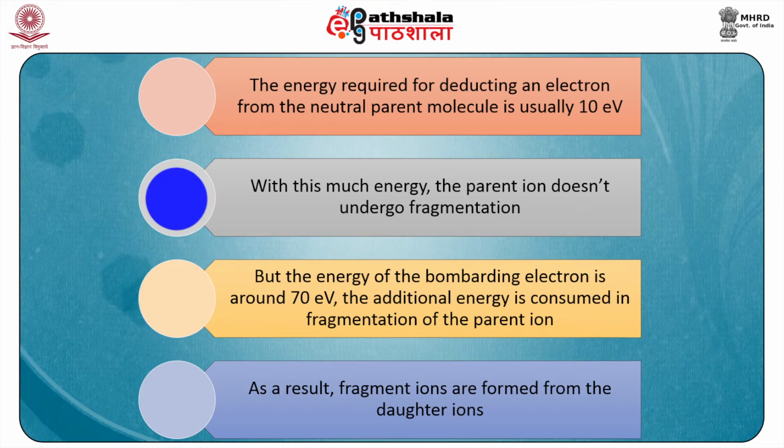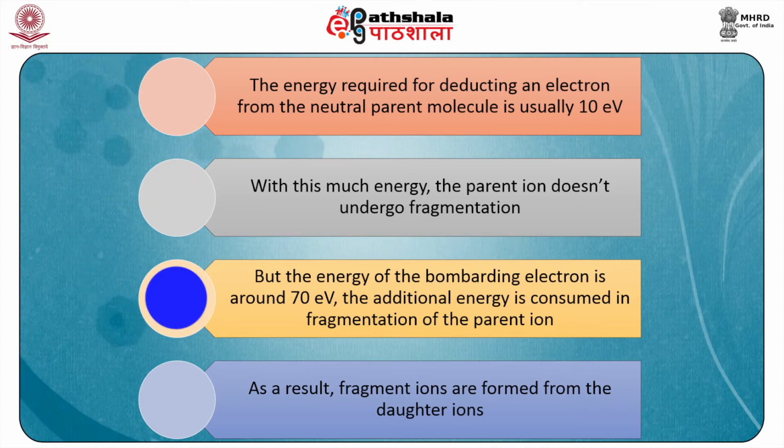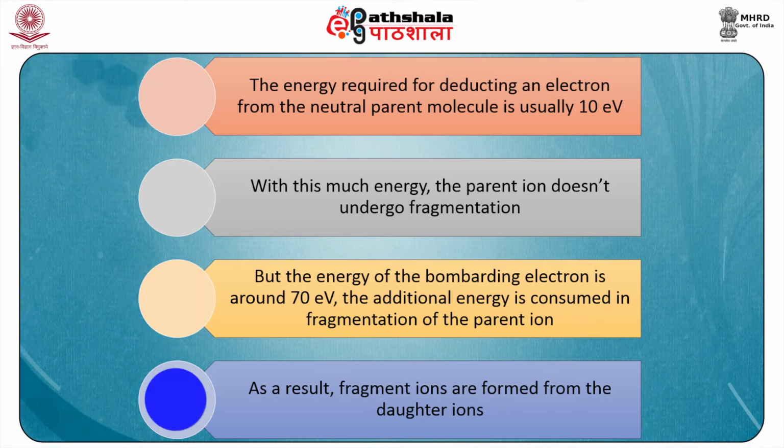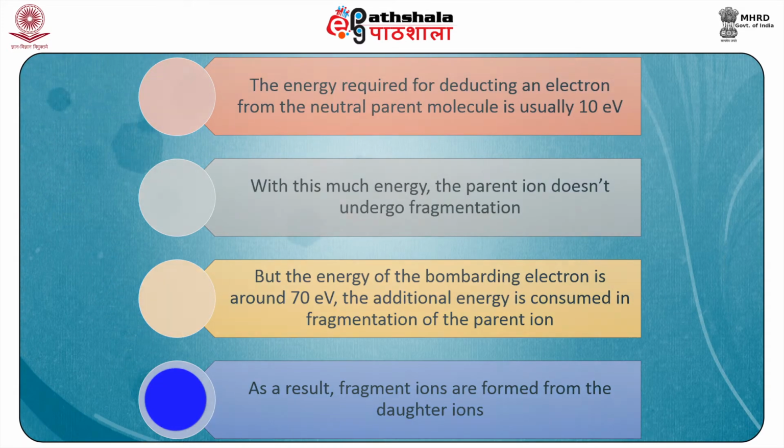With this much energy, the parent ion does not undergo fragmentation, but the energy of the bombarding electron is around 70 electron volts. This additional energy, apart from the 8 to 15 volts of ionization energy, is consumed in fragmentation of the parent ion. As a result, fragment ions are formed from the daughter ions.